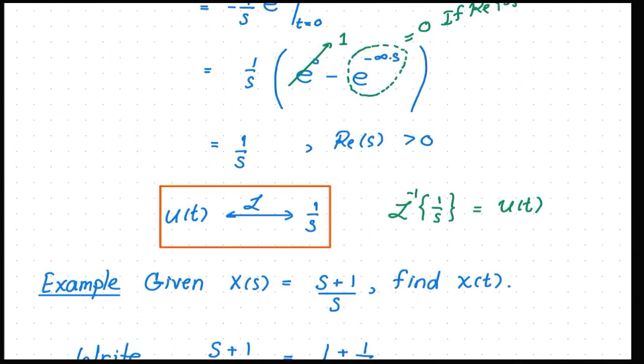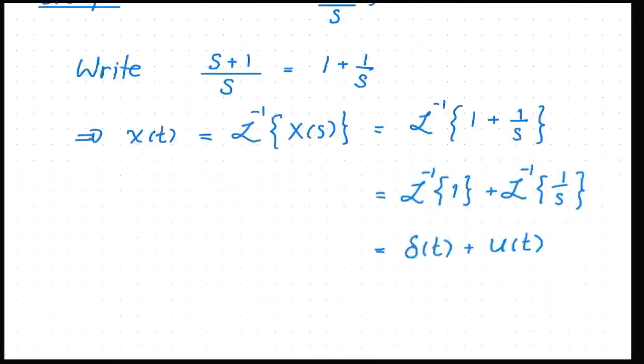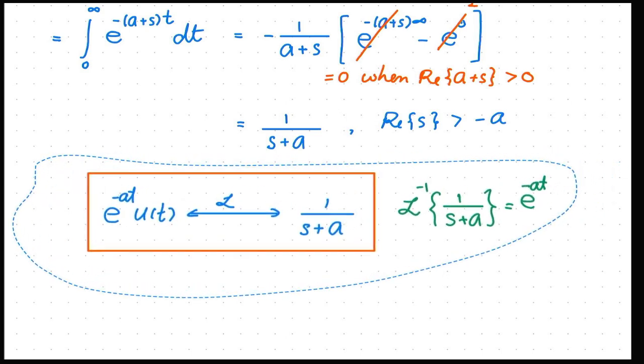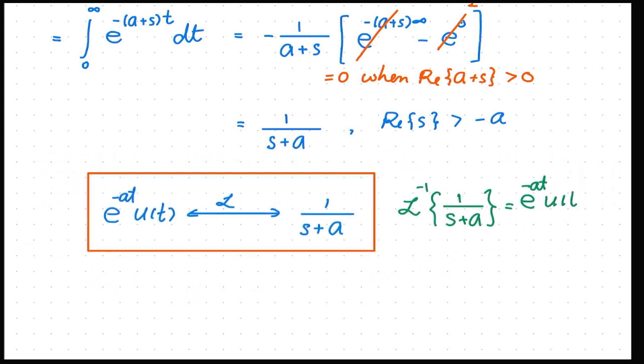This is the case of the exponential when a is set to 0, so they are consistent with each other. Also, the inverse Laplace transform of 1 over s plus a is e to the negative a t u(t).